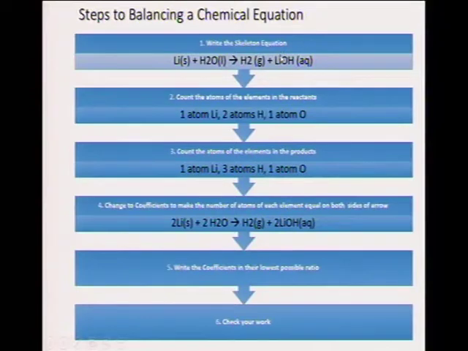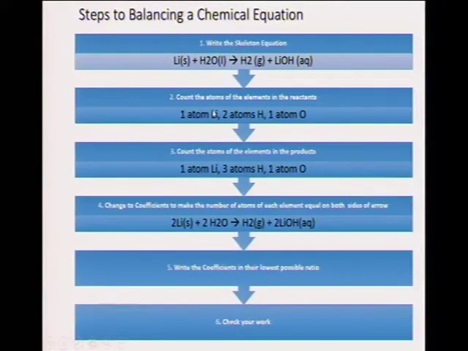Then we have here some steps that we can follow to balance the equation. First, you write the equation. We have lithium, which is in solid state, reacting with water, and it gives hydrogen gas and lithium hydroxide. Second step, count the atoms. Count the atoms of the elements in the reactants.